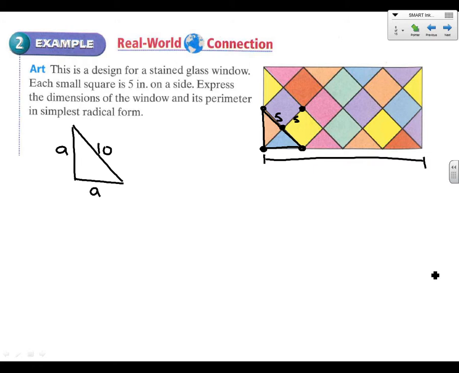Fortunately, both sides are the same, so we could use our good friend, the Pythagorean theorem. A squared plus A squared, this would be an A, and this would be an A, and we know they're the same lengths, equals 10. So 2A squared equals 10. So A squared is 5, so A is going to be the square root of 5.